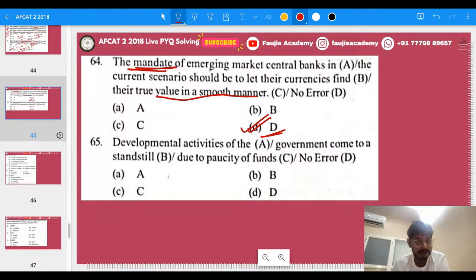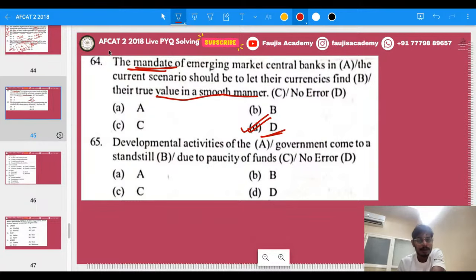All right. Developmental activities of the government come to a standstill due to paucity of funds. 65 is an easy one. Paucity, yes, thank you so much, Anu.